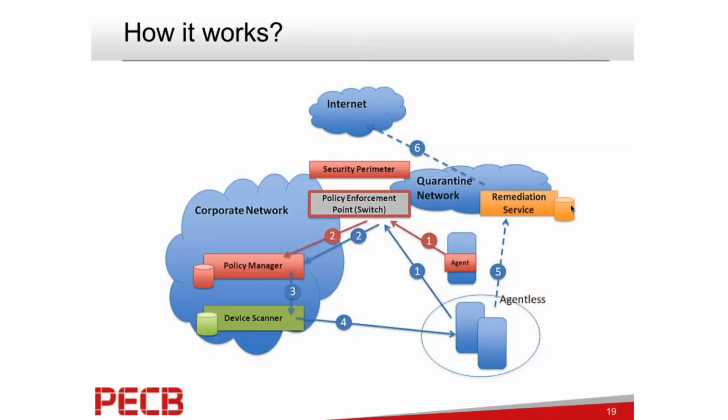If it fails to do so, it will be granted access through the quarantine network to the internet, and that will be the way we deal with guests. If we have a guest who wants access to the internet, this way you can provide access without having them go through your corporate network.